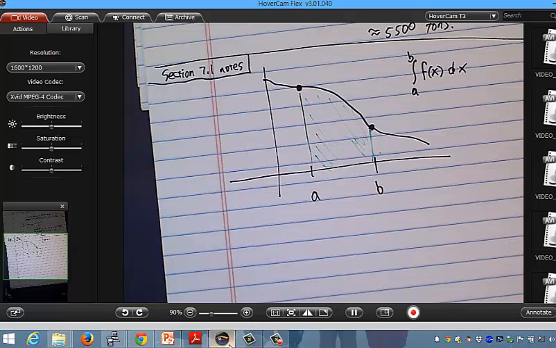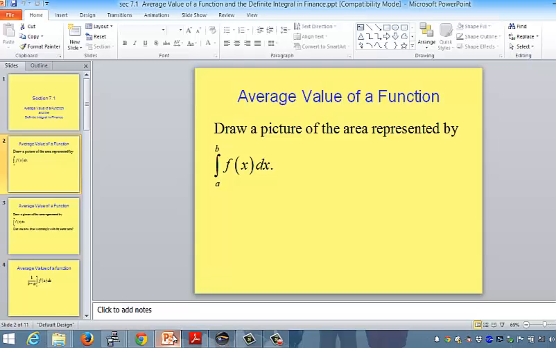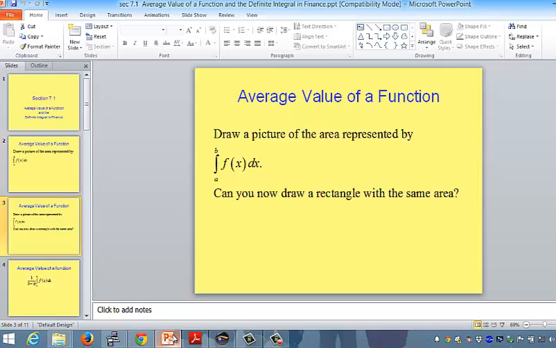Because we're pretty good with that, right? At this point? That was kind of one of the main points of Chapter 6. So now Chapter 7 says, well, here's a question. Can you draw a rectangle with the same area?